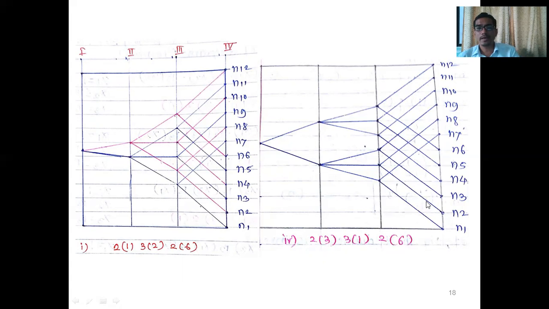This will be the input, and N1 and N7 are the outputs for this first input. Similarly, N2 and N8, N3 and N9, N4 and N10, N5 and N11, and N6 and N12 are the rays. So from this we get the structural diagram for the structural formula 2, 3, 3, 1 and 2, 6.